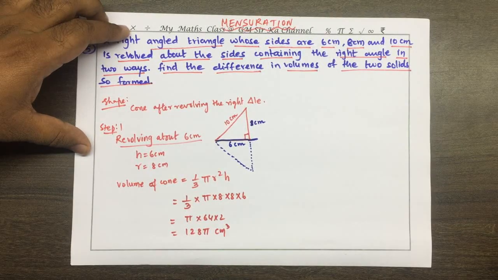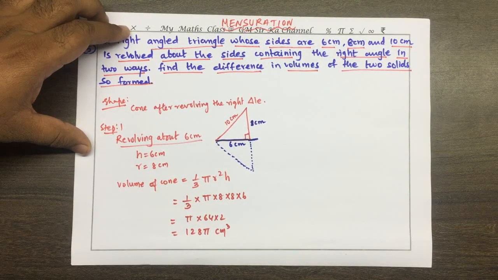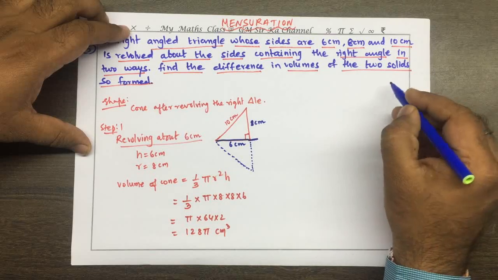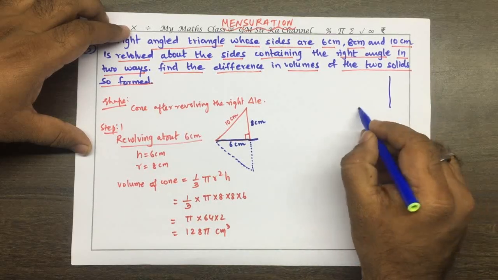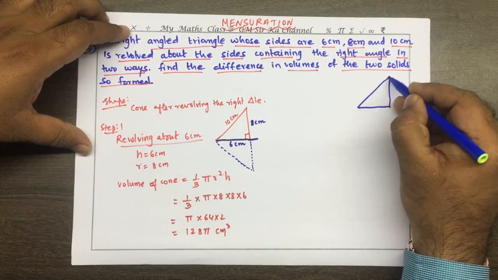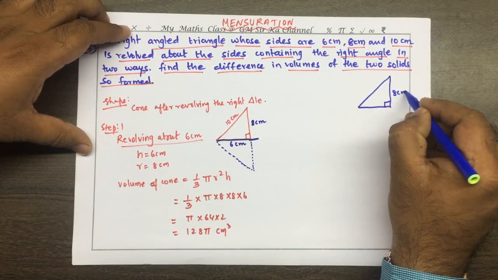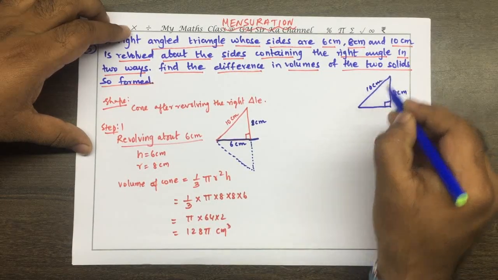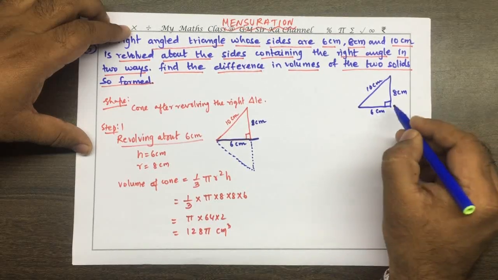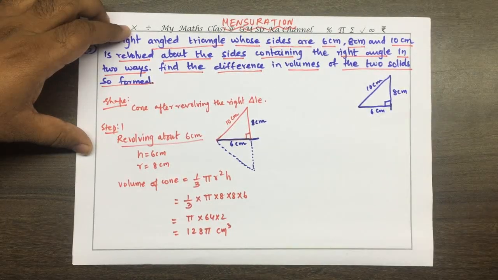And in the next, we have the right triangle, 8 centimeter, 10 centimeter and 6 centimeter, and here 8 is fixed now.